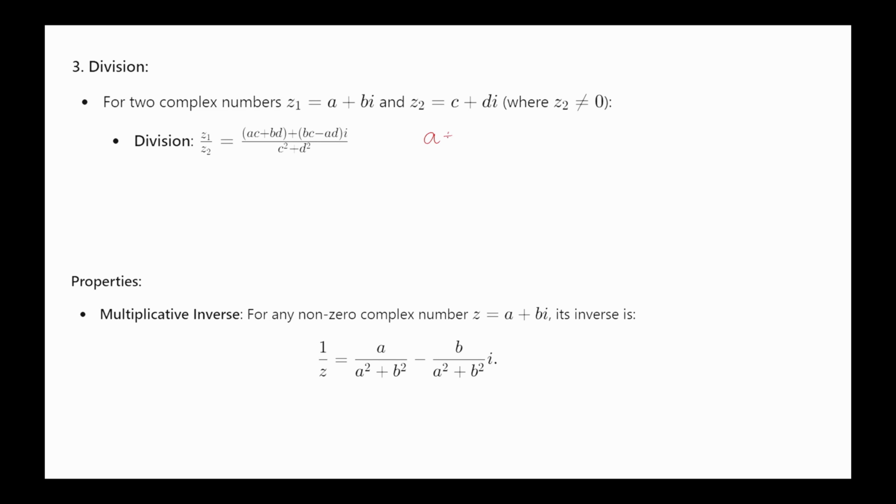So what we do is, let's say we have a plus iota b upon c plus iota d. We need to remove this complex number from the denominator. So we write it as c minus iota d upon c minus iota d. We multiply the numerator and denominator by the conjugate of the denominator. So from here, what are we going to get?